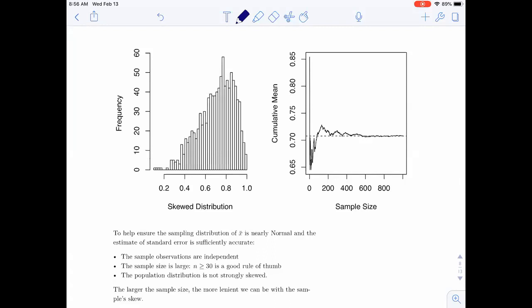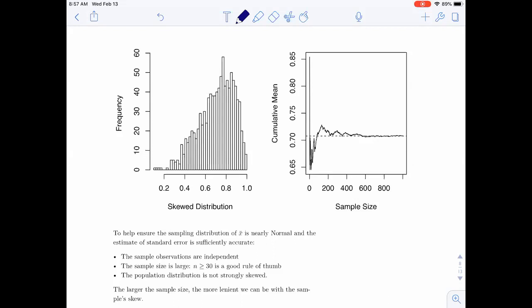Because the sample size is so large and it's still showing that skew, this is from a skewed distribution. All I did in R was generate random values from a beta distribution, which is skewed. So we've got this skewed population that we're sampling from.